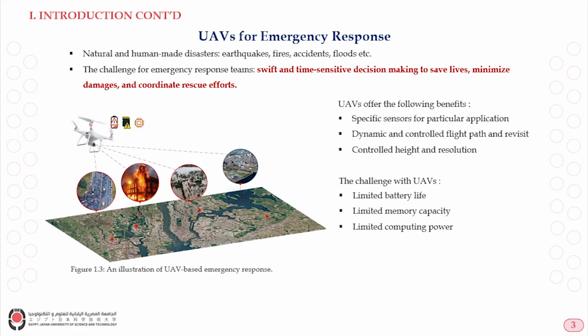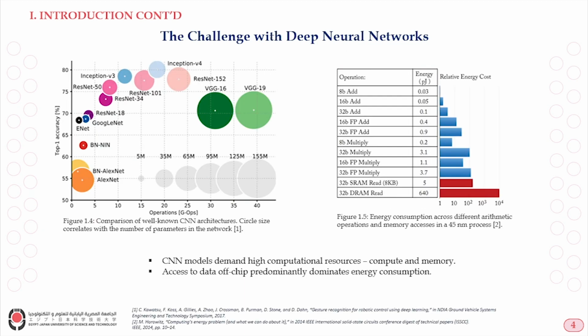Because we have discussed the importance of deep learning in this application, the challenge is that deep learning models are demanding in terms of memory efficiency. In figure 1.4, you can see well-known CNN or deep learning models and how they perform versus their computation demands.